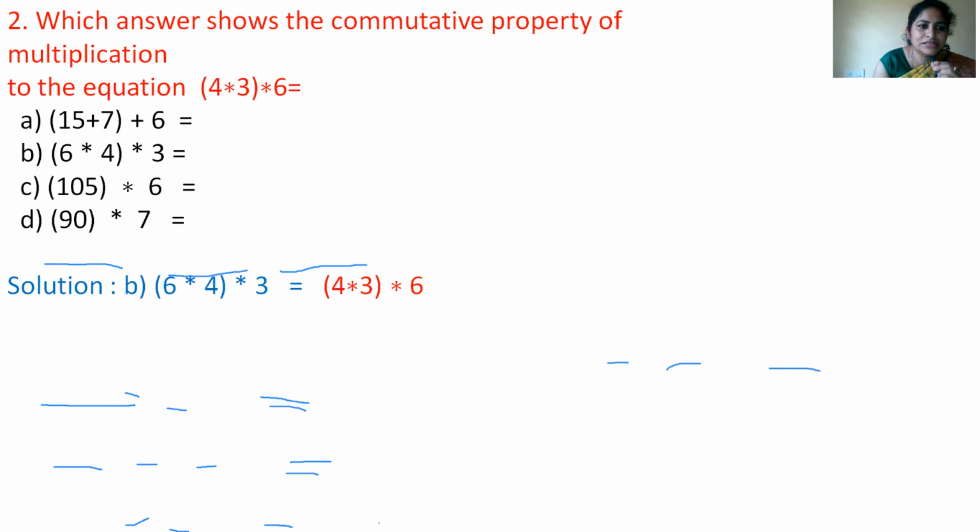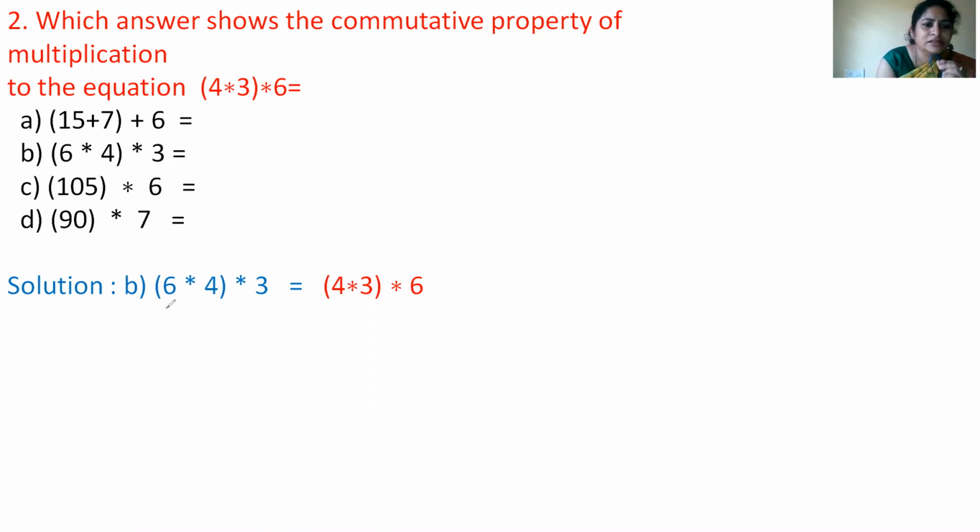So the solution is B, that is 6 into 4 into 3. That means we can write the variables in any order. Here instead of variables, they have given the numbers. So whatever the order you write, the answer we get will be same.